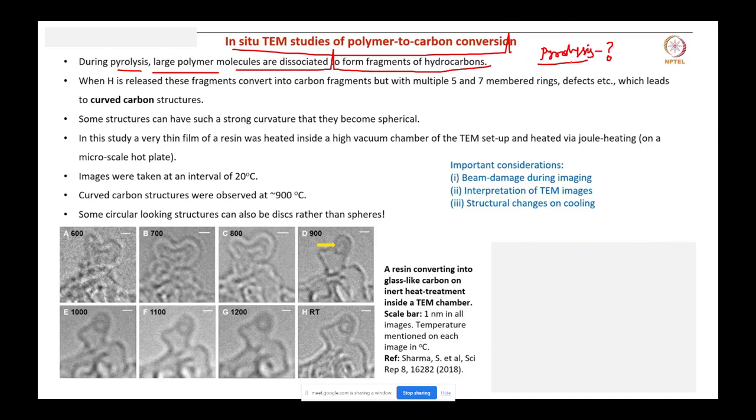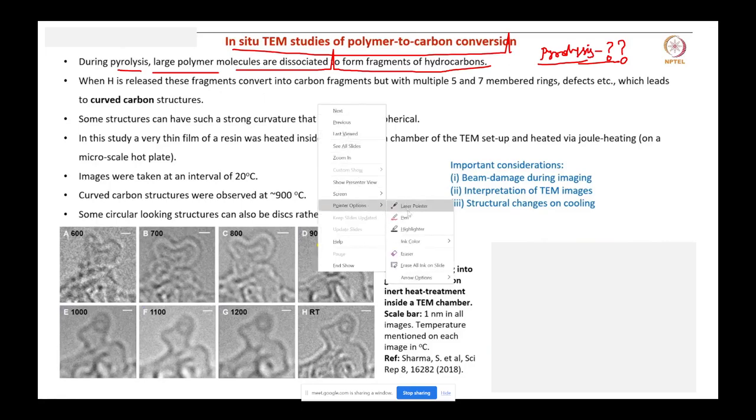Pyrolysis is heat treatment up to 1000 or 1200 degrees centigrade, where basically the non-carbon content is removed, and the material converts into carbon but not graphite.